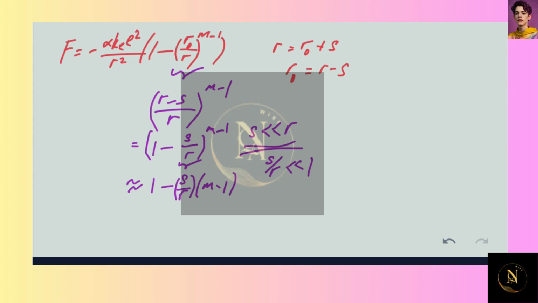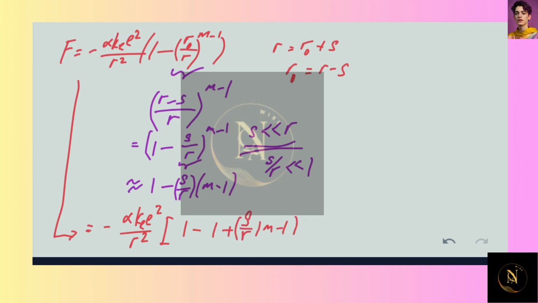Putting that back into the expression for force, the expression for the force becomes negative alpha ke square over r square, 1 minus 1 plus s over r times m minus 1.